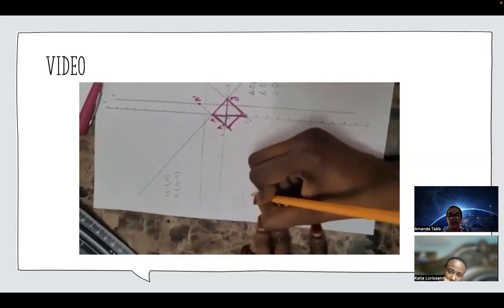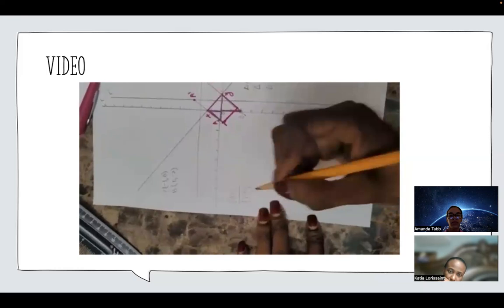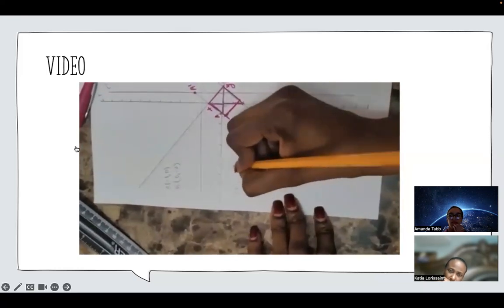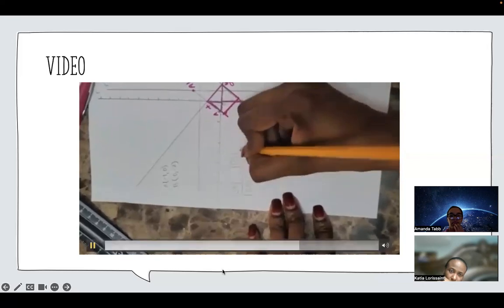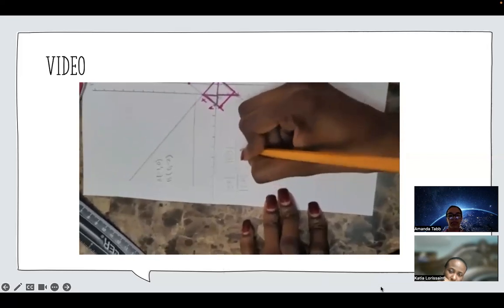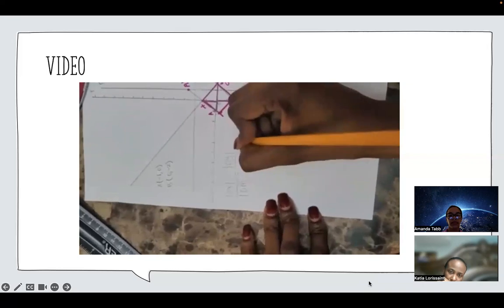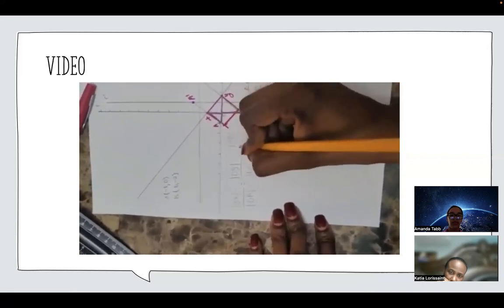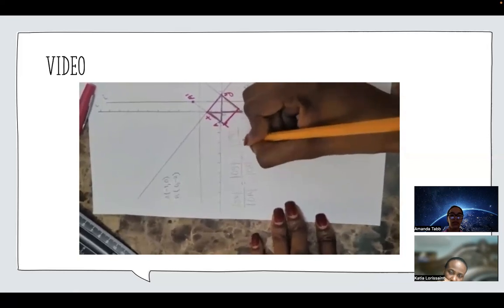Just a little reminder. OX over OA equals OY over OX equals OB over OY.